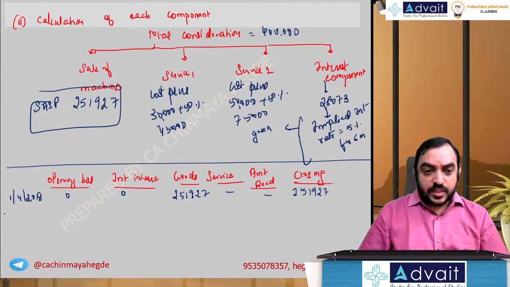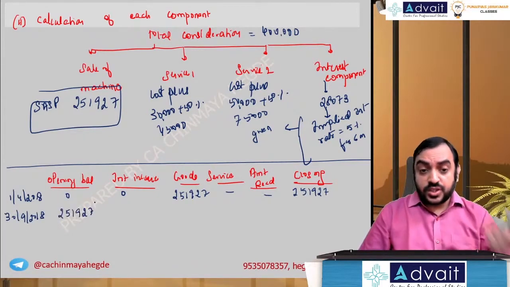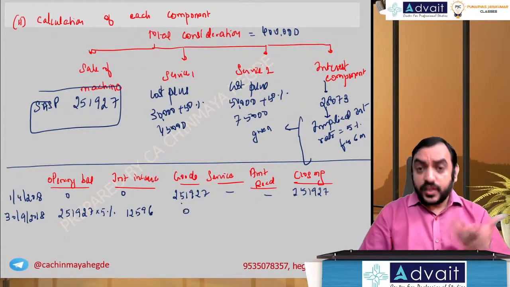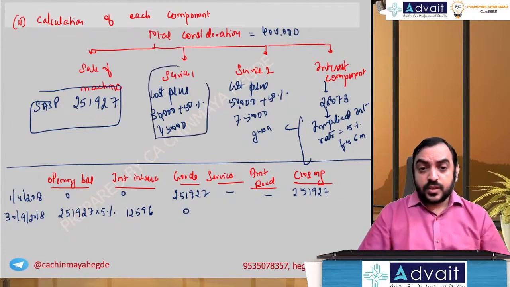Then next, 30th September. Opening balance 2,51,927. On this you charge interest income at 5%. 2,51,927 into 5% is 12,596. Any goods sold? No. Service sold? Yes, on 30th of September, Service 1 is sold, value 45,000.